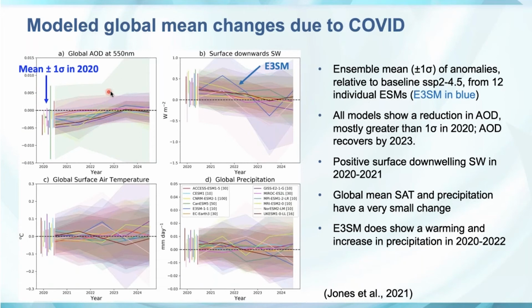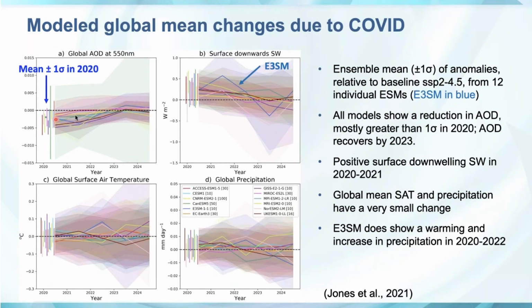A shows the global mean aerosol optical depth in the visible band, and B shows the surface downwelling shortwave radiation, and C shows the global surface air temperature change, and D shows the precipitation change, all compared between the COVID simulation and the baseline.